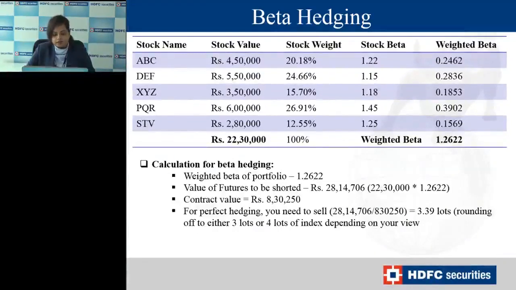So here the contract value is similar, 8.3 lakhs. So for the perfect hedging, you need to sell 28.14 lakhs divided by 8.3 lakh, which comes out to be 3.39 lots. But obviously we cannot do fraction selling. So we can either sell 3 lots of index futures or 4 lots of index futures to hedge this position.